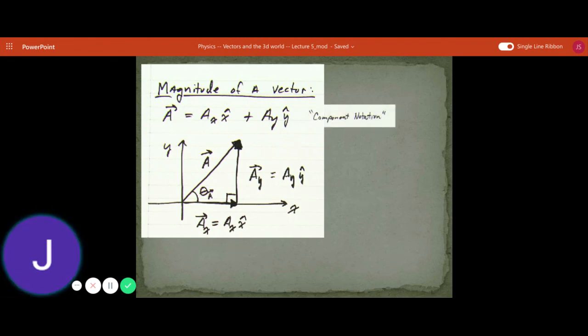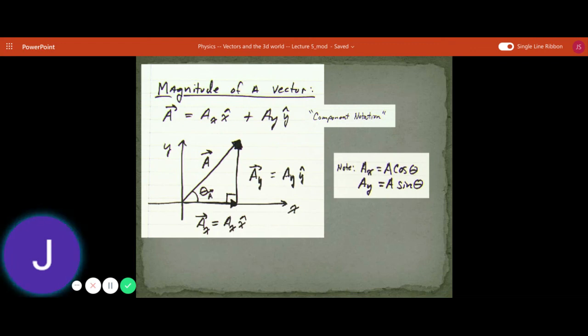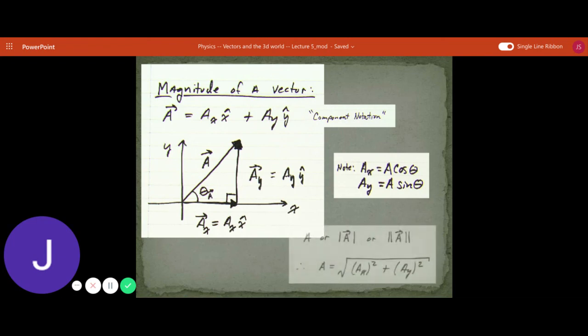So that's component notation or vector notation. And remember, you can get the x component and the y component when it's set up like this using the sine and cosine. It's the magnitude. When we drop the vector symbol, just write a instead of a with the arrow over it, we're talking about the magnitude of the vector. Well, I could put absolute values around here if I left the arrow in like we did before, but it's not necessary. And then to get the magnitude of the vector itself, we use the Pythagorean theorem.